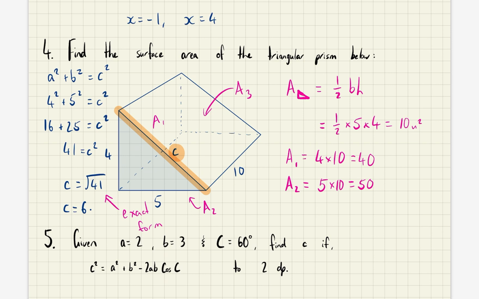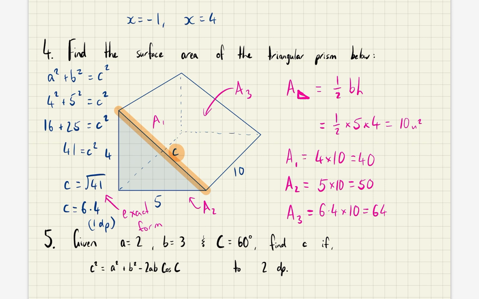So that one would be, we'll do 1 decimal place, 6.4 to 1 decimal place. So now I know what C is, I can find my A3. So A3 is going to be C, which is 6.4, times 10, which is 64.